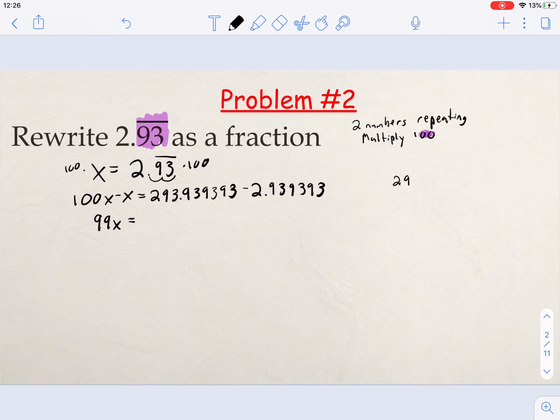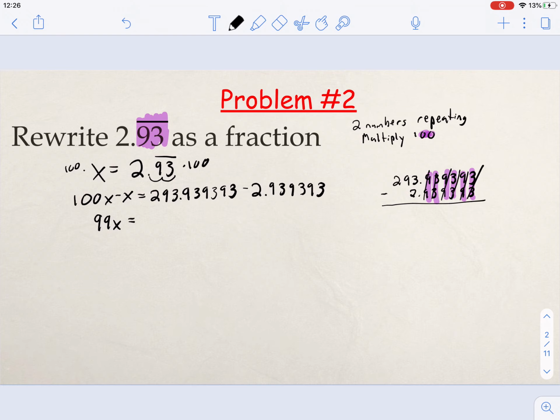I'm going to write it over here. 293.939393 minus 2.939393. If you notice, my 3s and 9s all lined up, and they would continue forever, so they would all just cancel each other out.